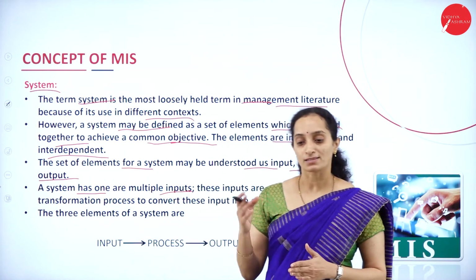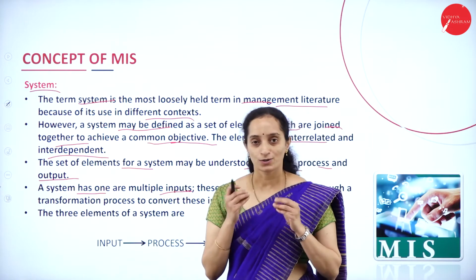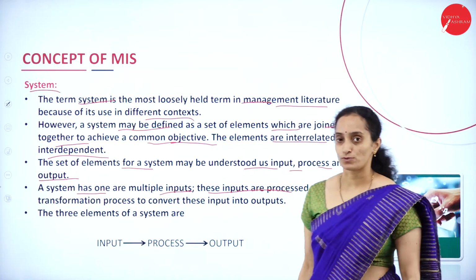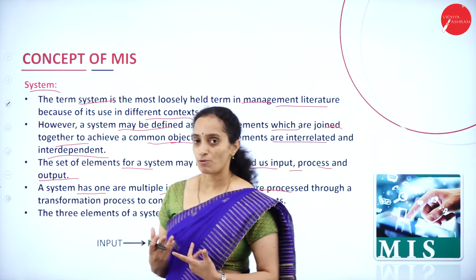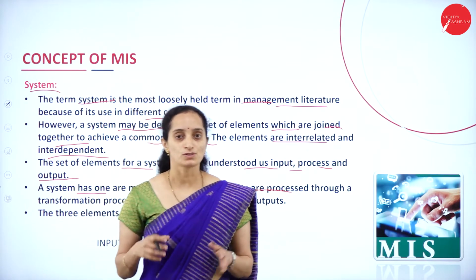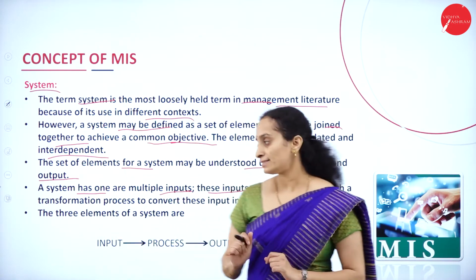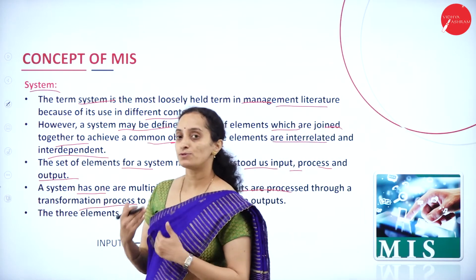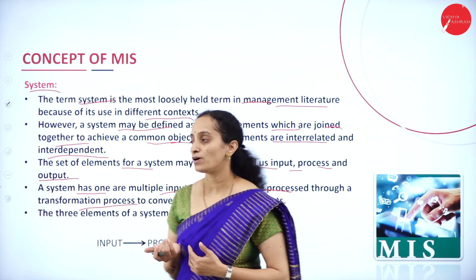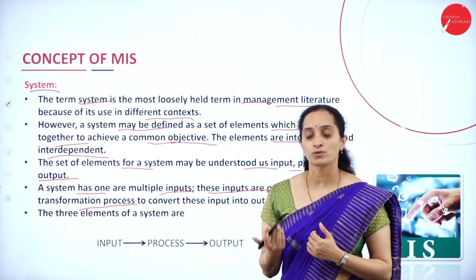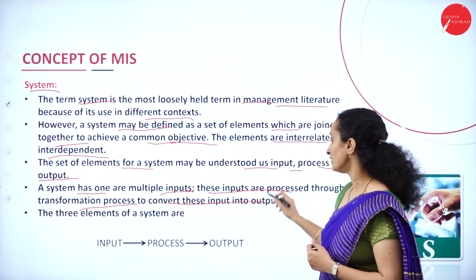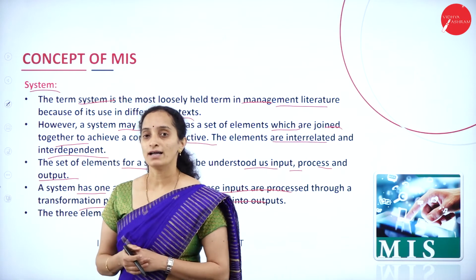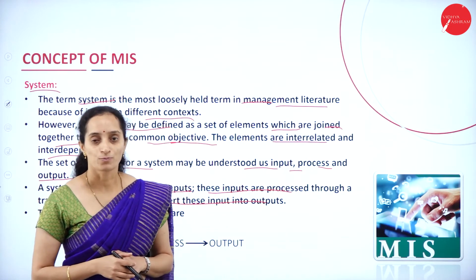We combine the task of the mouse and keyboard together to give the input to the computer. These inputs are processed. From whatever component you give the input, the CPU is going to accept and process it through a transformation process. The processor is going to transform your input into the output. So you have to give the input to get the output, isn't it?